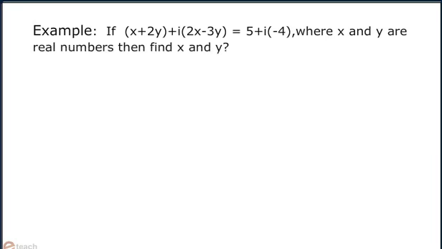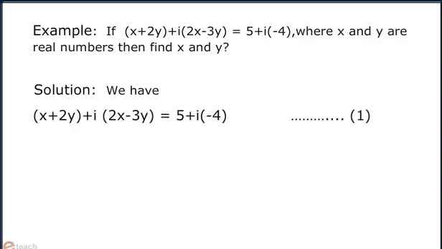Let us take another example. If x plus 2y plus iota times 2x minus 3y equals 5 plus iota into minus 4, where x and y are real numbers, then find x and y. Let us see the solution.